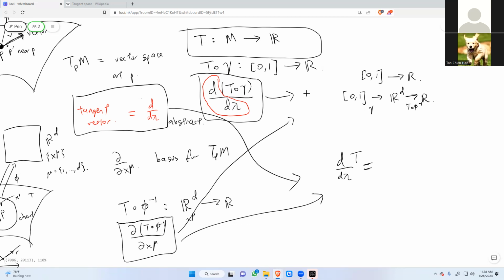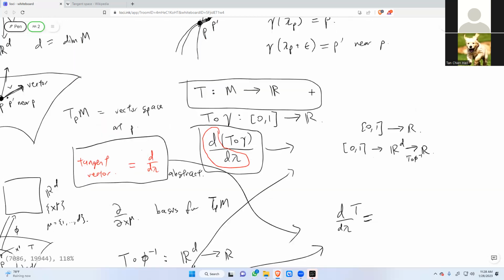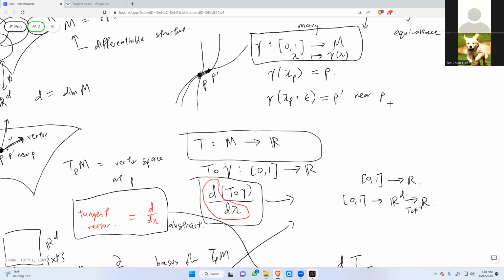Gamma after T, R^d to T after gamma inverse, R^d. Gamma to M, M to phi.